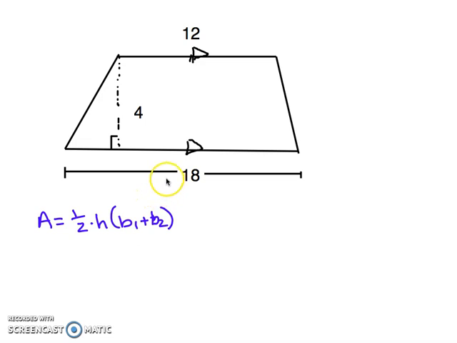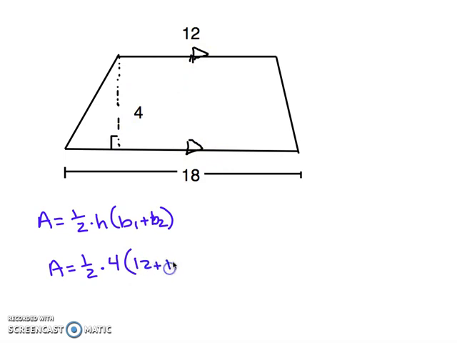Okay, so we can see here that the height for this trapezoid is 4. So if we set that into our formula, we'd have area equals 1/2 times our height, which is 4. And then our bases are the parallel sides here, so we have 12 and 18.